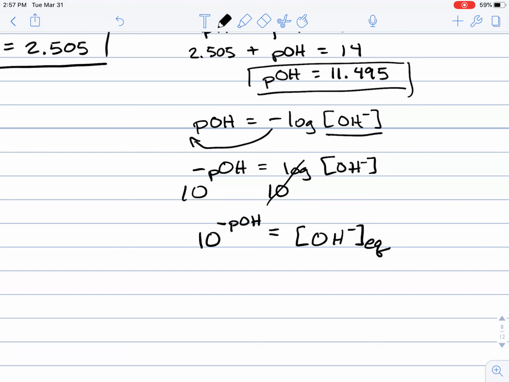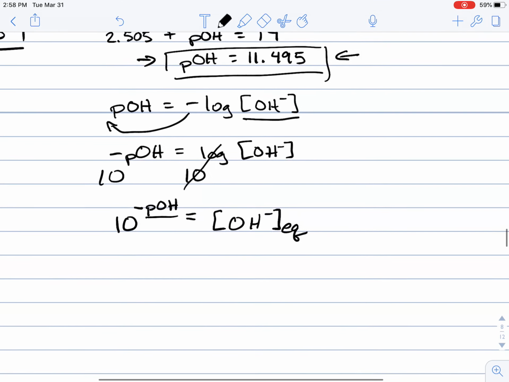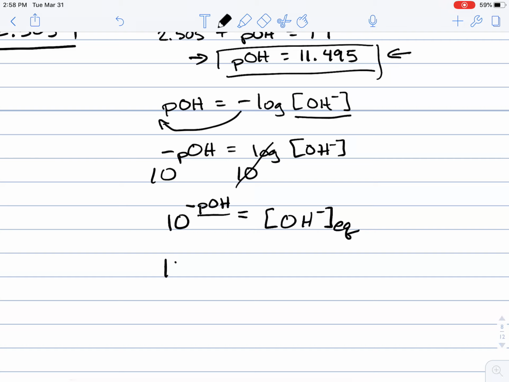Since the pOH is 11.495, we plug that in. So 10 to the negative 11.495 equals the concentration of OH minus at equilibrium.